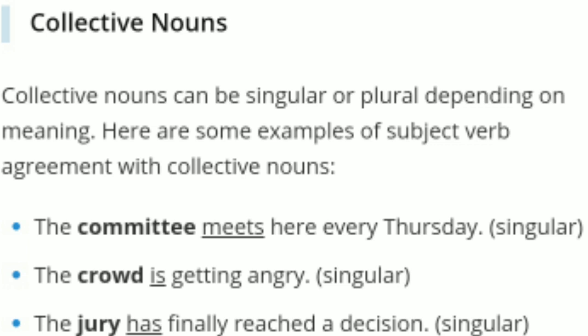For the second example, the crowd is getting angry. The crowd is actually more than one person, but it counts as one because of the word crowd. And for the last example, the jury has finally reached a decision. The jury is actually more than one person, but it counts as one subject.